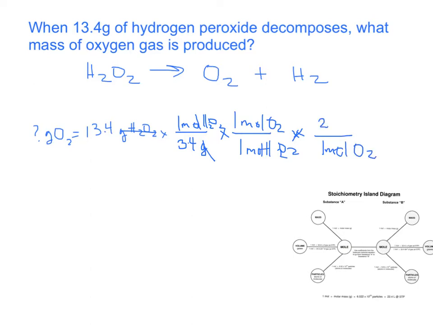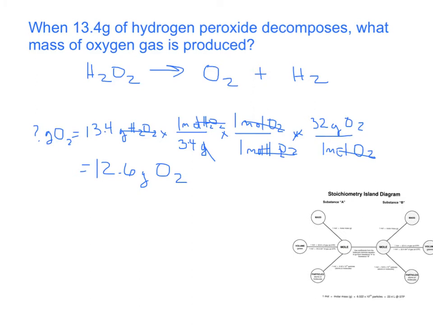And you hit enter on this, and it turns out to be, with significant figures, 12.6 grams of oxygen. So if you decomposed that given mass of hydrogen peroxide, 13.4 grams, we could expect 12.6 grams of oxygen to come out the other side of the process.